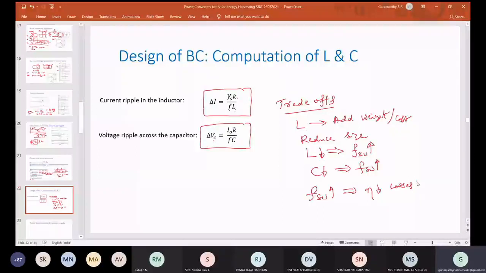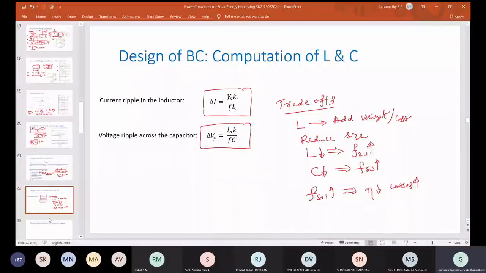You have to select an optimum frequency, optimum values of L and C. This is what the design actually is. Design is a skill. Each person will have different skills to select the particular things. You have to do tuning somewhere else. So this is about the design of the boost converter.